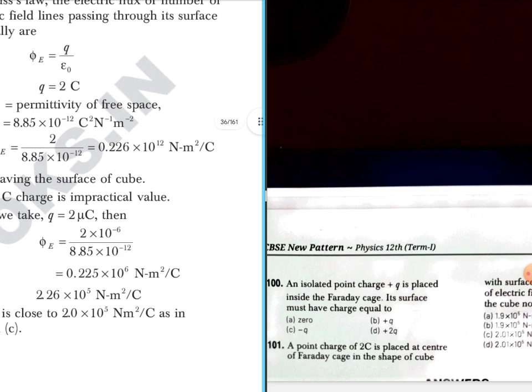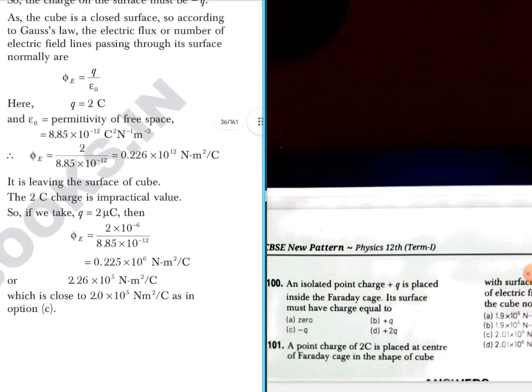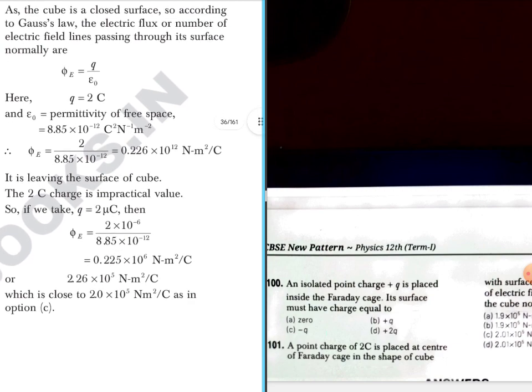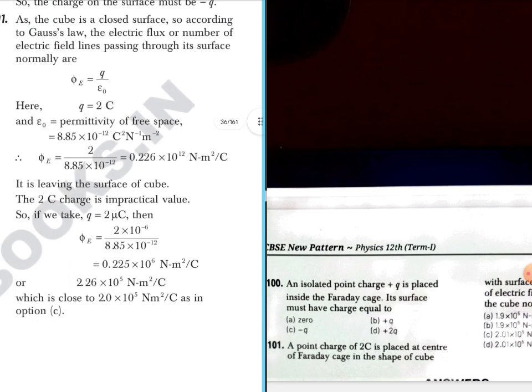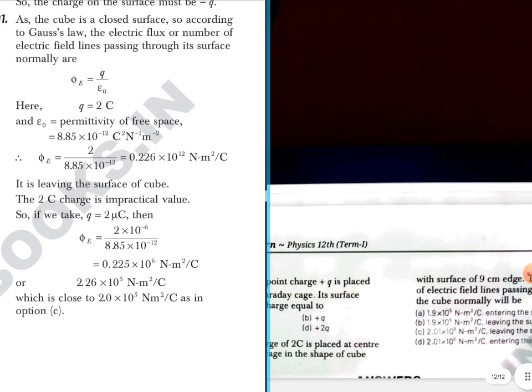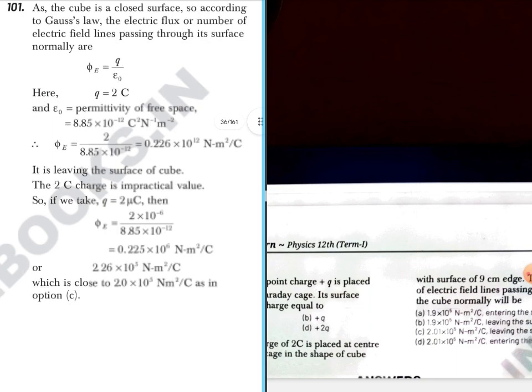Because when it's 2 coulomb, you're getting the flux to be 0.226 into 10 to the power 12, which is not close to any option. For 2 microcoulomb it's close to 2 into 10 to the power 5. So none of these values is closer, so it has to be 2 microcoulomb. Some assumption like that. But I hope you understood.